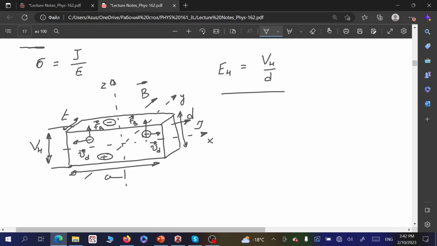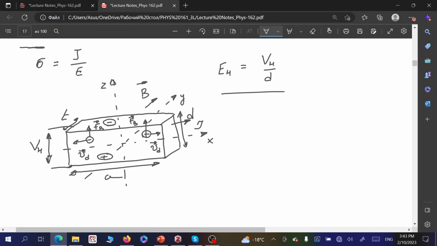In that case, we create potential difference between two different edges of the sample, and internal electric field perpendicular to external electric field, because again we have electric field along axis x initially, but now we create electric field perpendicularly to the external electric field.